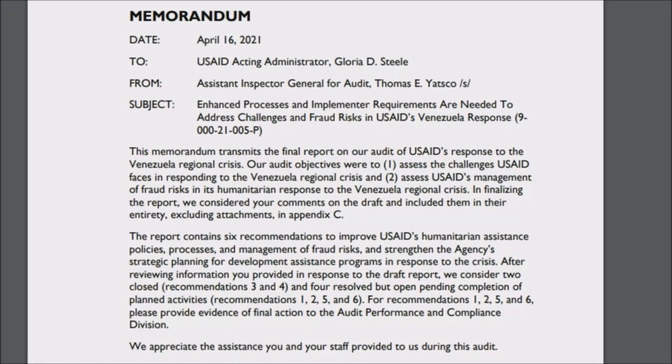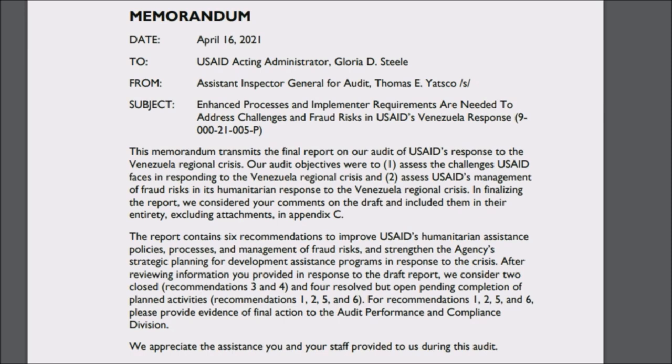In finalizing the report, we considered your comments on the draft and excluded them in their entirety, blah, blah, blah. It's going to have six recommendations to improve the USAID's humanitarian assistance policies, processes, and management of fraud risk, and it's going to strengthen the agency's strategic planning for development assistance programs in response to the audit. And that's that. So you guys know what we're talking about.